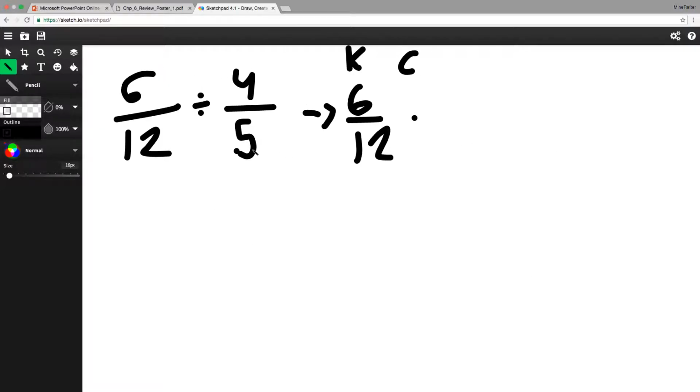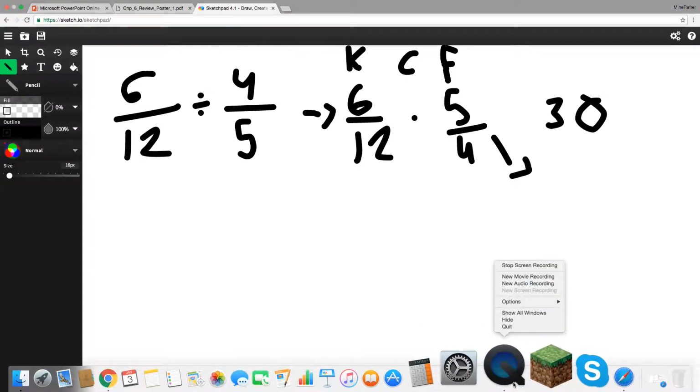And then the 4 over 5, that will be the F, which means flip. So you're going to do 5 over 4. And then you're going to do 6 times 5, it becomes 30.